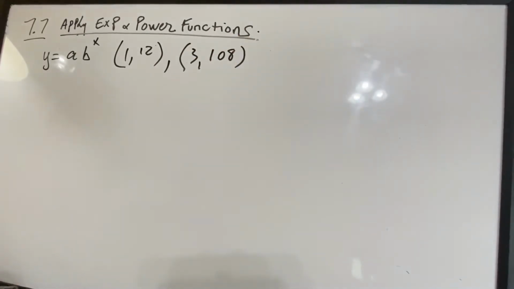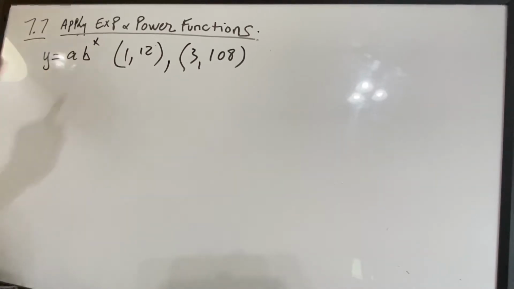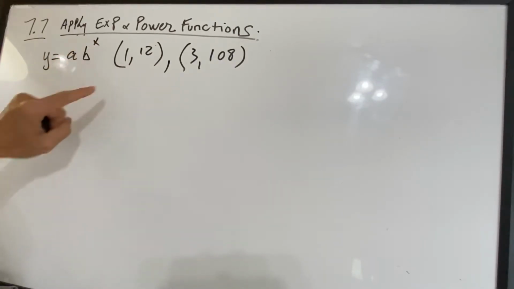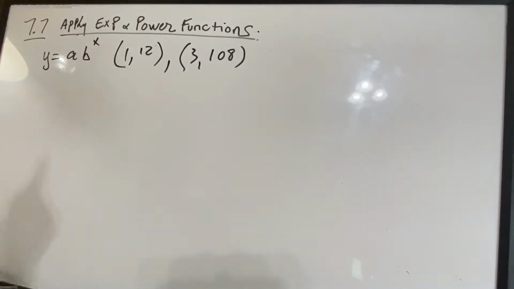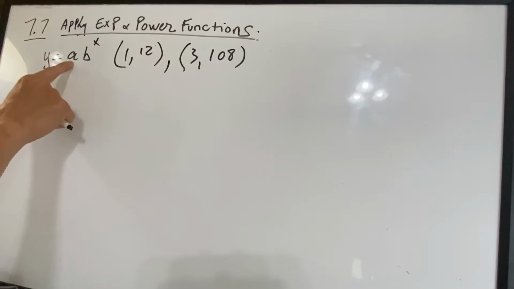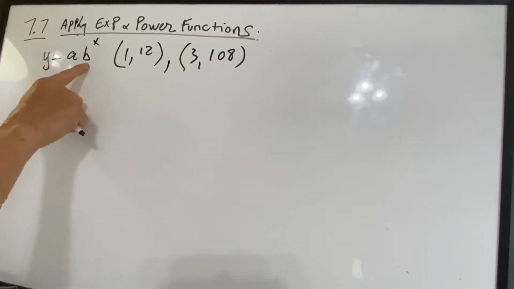All right, ladies and gentlemen, how do you write this function, knowing that the graph goes through these 2 points? Your job is to find a and find b, just like a linear function.